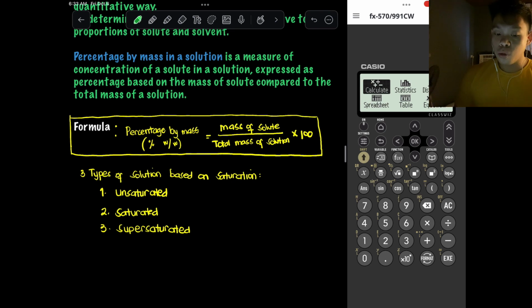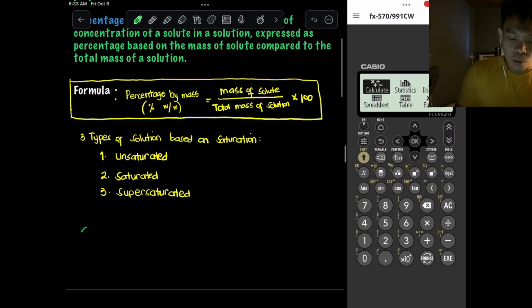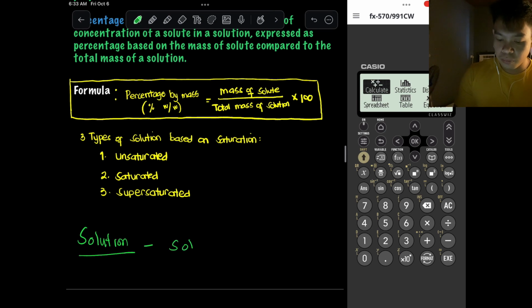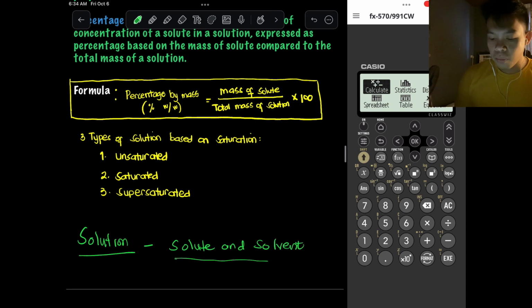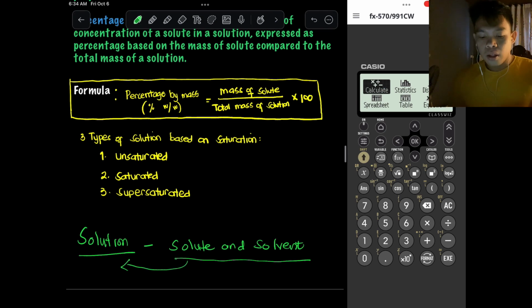We all know that a solution is a homogeneous mixture composed of two basic components, the solute and the solvent. The solute and solvent compose a solution, and the amount of solute depends on the type of solution that we can determine.